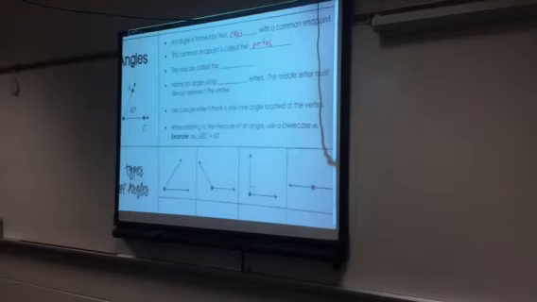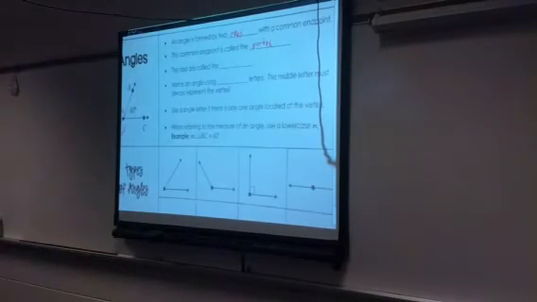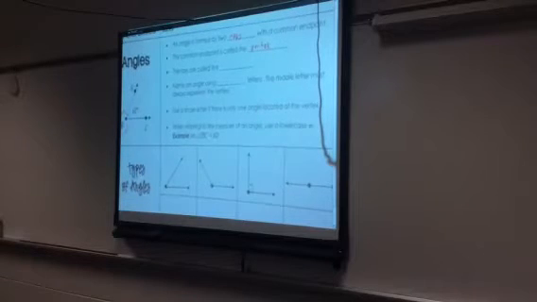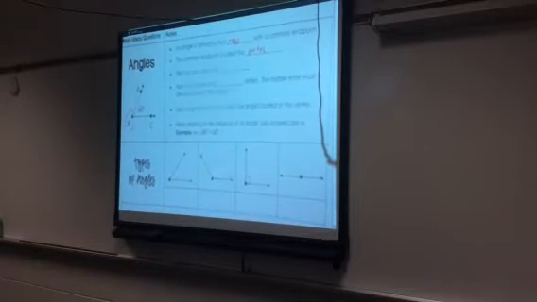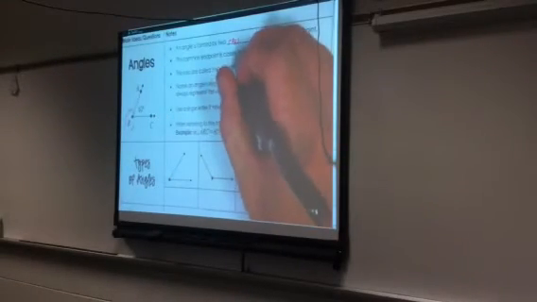And so that's where two segments always meet, or two rays. That would be the vertex. That would be this B down here if you're looking at the picture. The rays are called the sides of the angle. That's pretty simple.